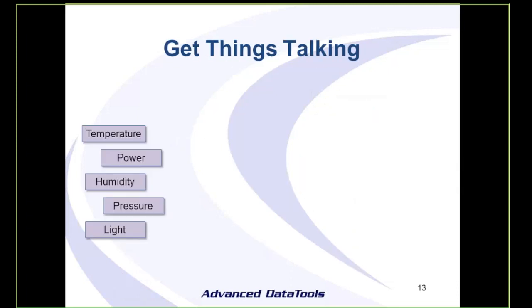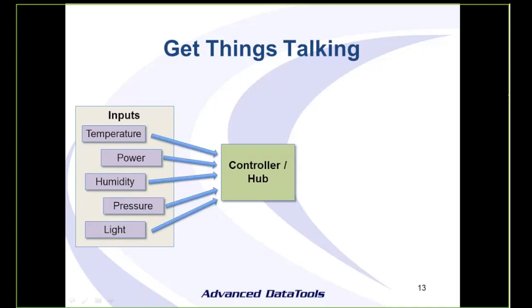You can take the sensor data and make local decisions, like if the temperature is too high, turn on a fan or something like that. But what you really need for better analytics is to be able to store that data and collect data from different sensors where you can make more informed decisions. So you want to connect those sensors over to a controller or a gateway.